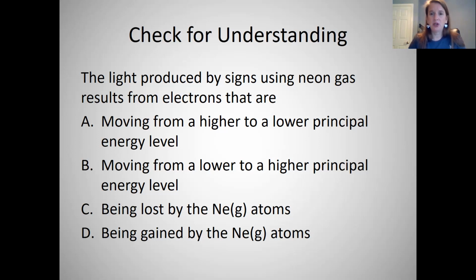Letter B, moving from a lower to a higher: if you're down here and you need to get up here, it needs to absorb energy to go up to a higher energy level. And letters C and D, electrons being lost and gained, that takes into account bonding, and we're not there yet. We haven't talked about that, so it has to be letter A.